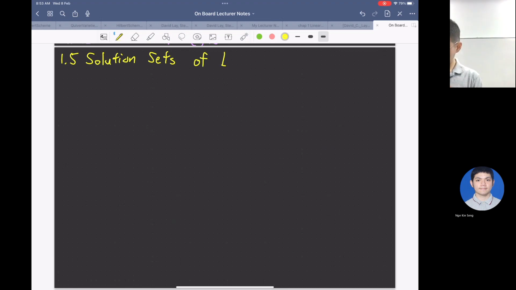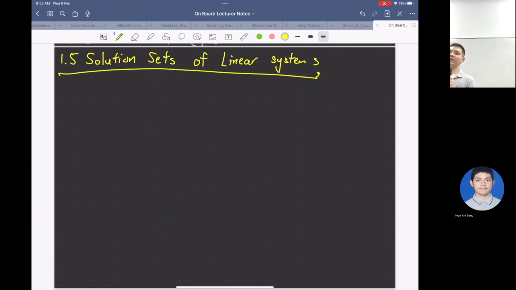Okay, next we will study the nature of the solution set of the system. We care about whether we can solve it or not, or whether there is one solution or infinitely many solutions. So now we want to study the solution set.